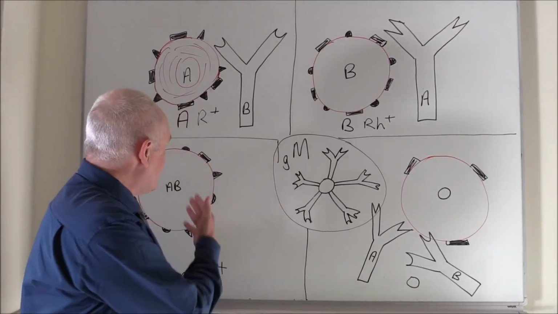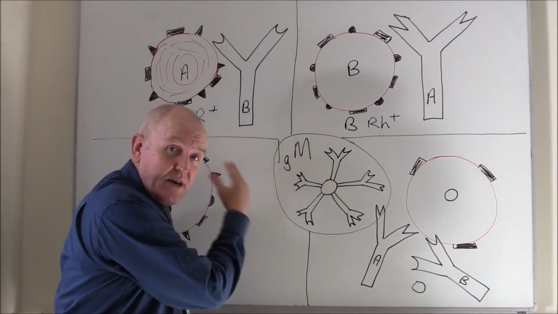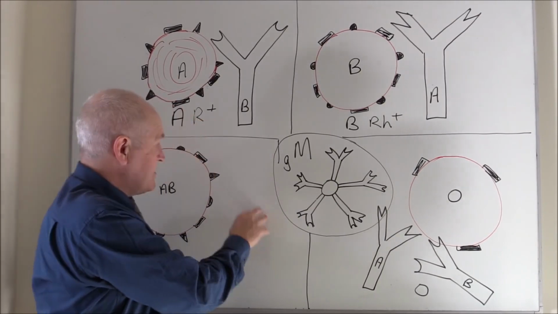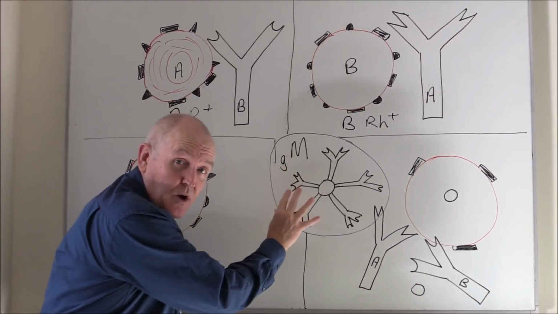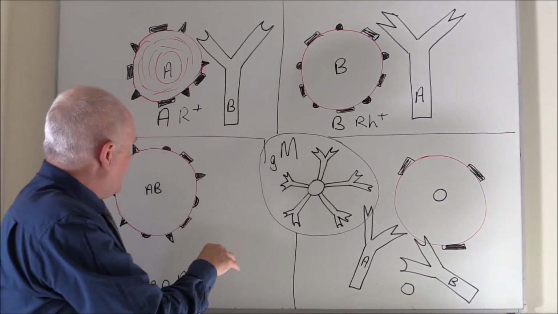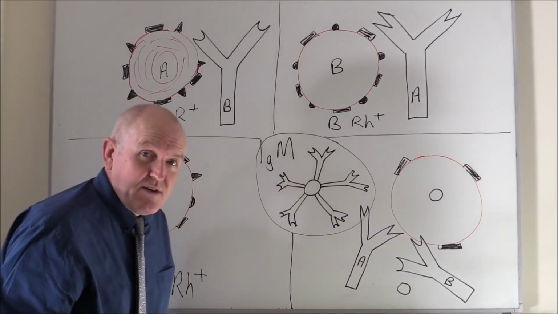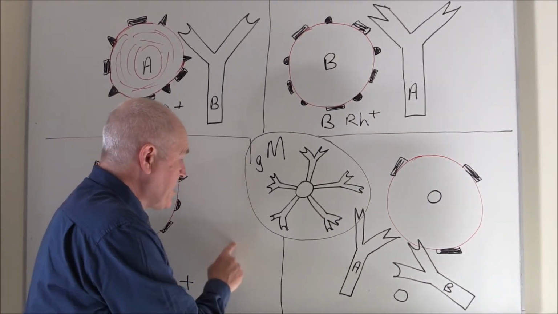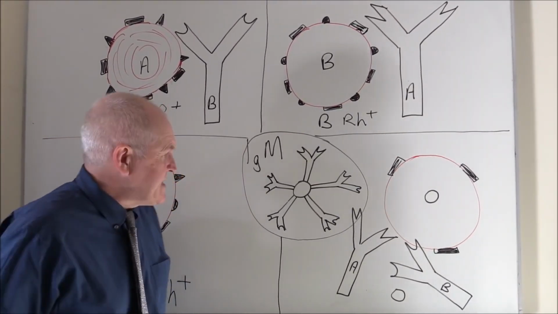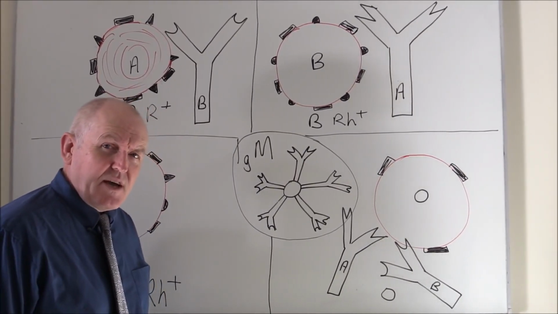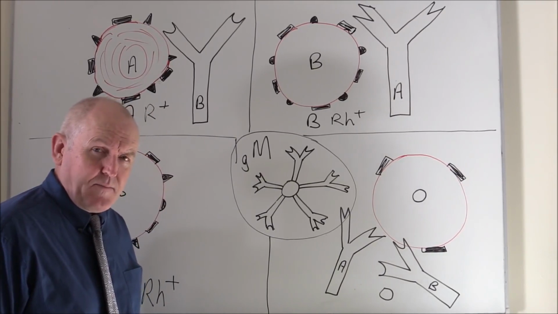So if someone is Rhesus negative, there will be no Rhesus factor antibodies, no Rhesus factor immunoglobulins in the plasma. And whether someone's Rhesus positive or Rhesus negative makes no difference, there still will be no Rhesus factor antibodies in the plasma. They are not naturally occurring.